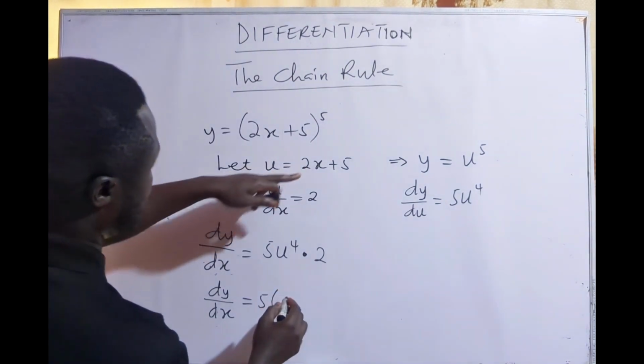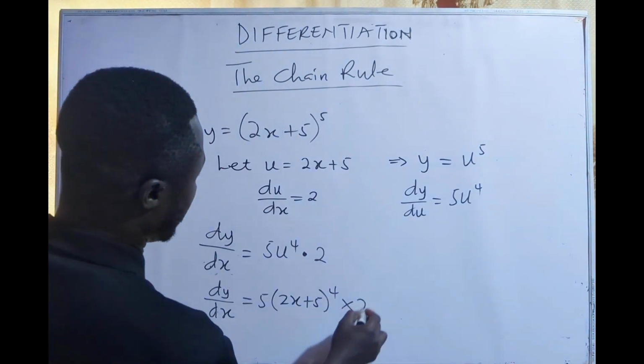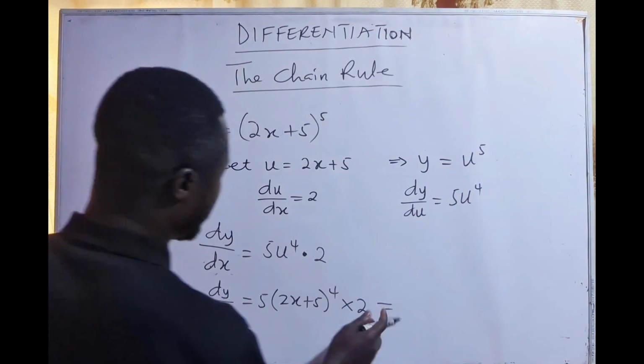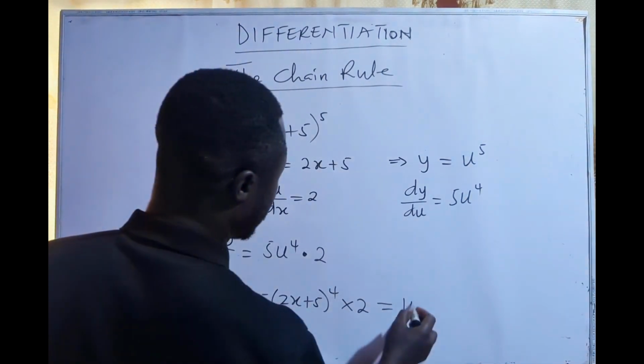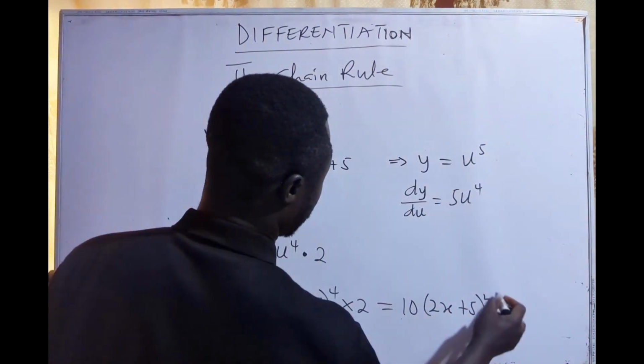My u is 2x + 5, so dy over dx will be equal to 5(2x + 5) exponent 4 multiplied by 2. Then my answer becomes 2 multiplied by 5 to give me 10, then (2x + 5) all to the exponent of 4.